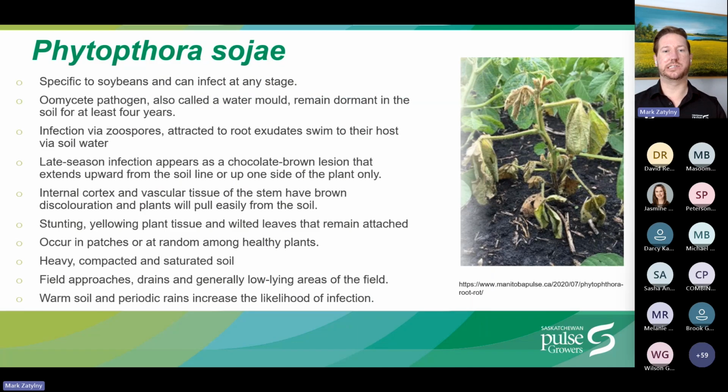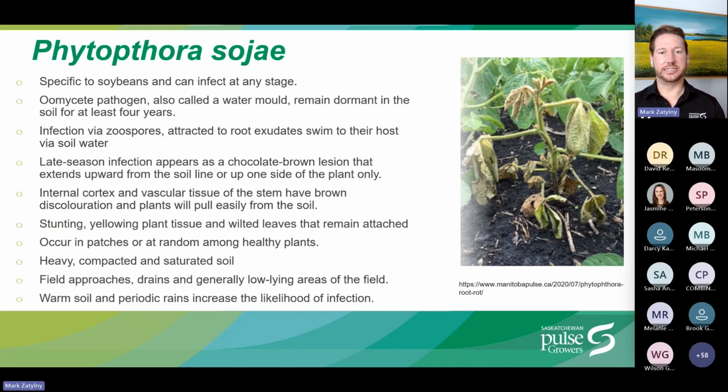Talking about diseases, the one that I want to focus on today is the Phytophthora. So this is specific to soybeans, and one of the big differences from a couple of the other root rot pathogens is that this can infect soybeans at any development stage. It is not just going for the freshly emerging crop. It can pop up anytime in the season.